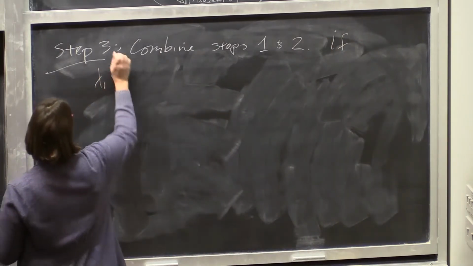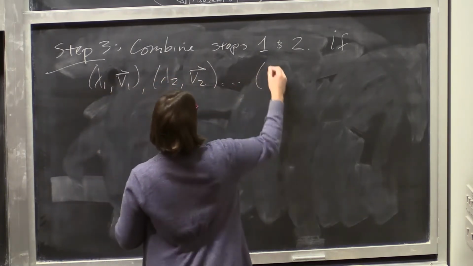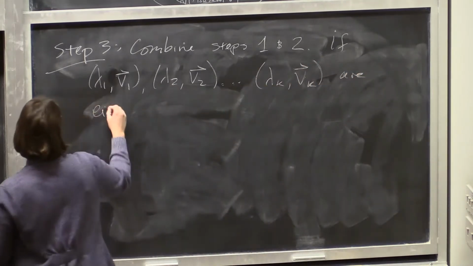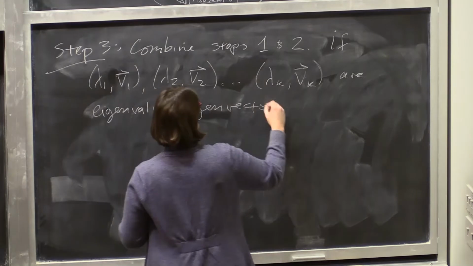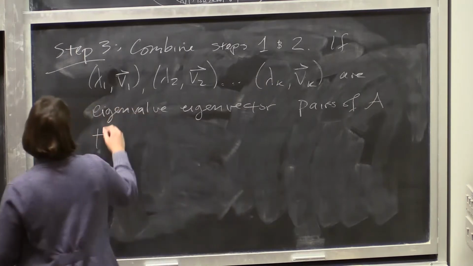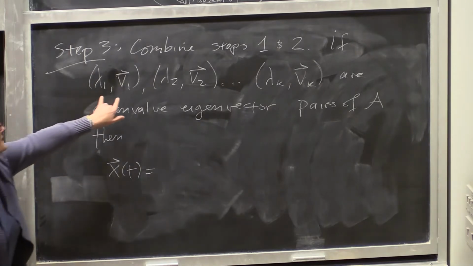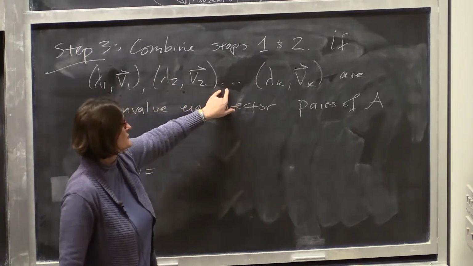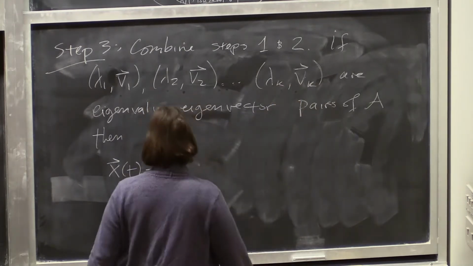If lambda 1 v1, lambda 2 v2, up to lambda k vk are eigenvalue-eigenvector pairs of A, then from each of these I'm going to build a solution, and any linear combination of them will be a solution.